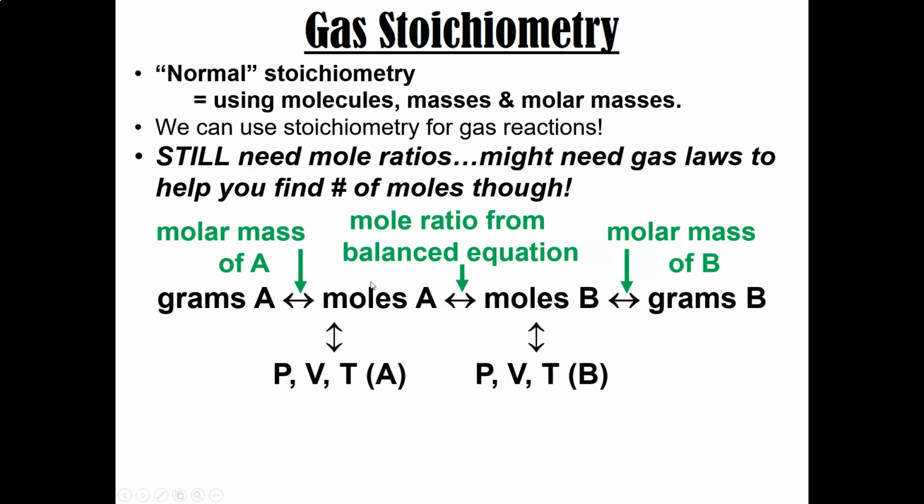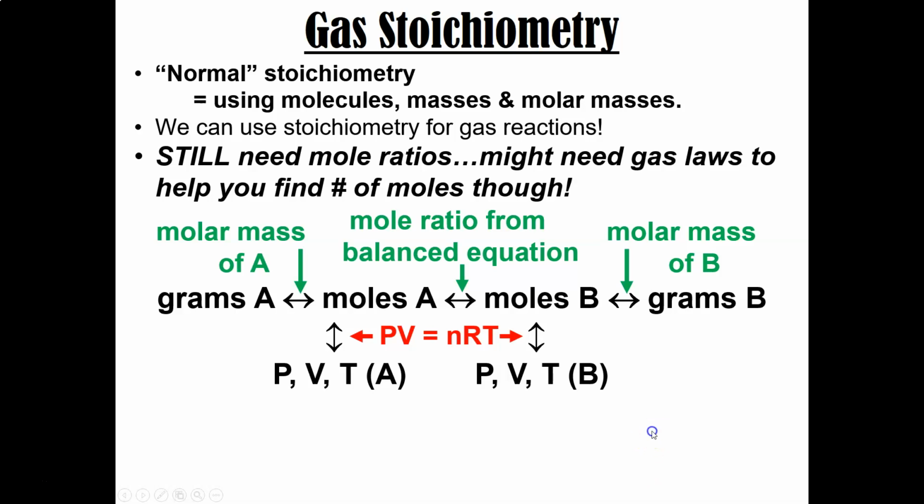Well, we have a perfect equation for that, don't we? We have the ideal gas law. So in these conversions here, instead of using molar mass, you're going to use the ideal gas law and solve for moles. And then that will allow you to get where you need to go in your pathway.